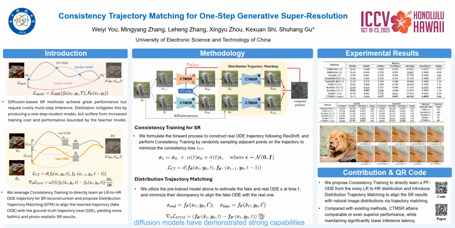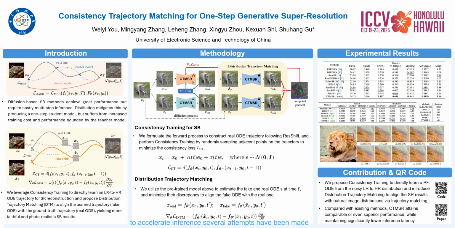Recently, diffusion models have demonstrated strong capabilities in modeling complex distributions such as natural images, showing great potential for generative SR. Early diffusion-based SR works either condition the diffusion model on LR images and train it as a standard diffusion model, or leverage a pre-trained diffusion model as a prior and adjust the reverse process guided by LR images. Although these methods produce good results, they usually require hundreds of inference steps, leading to slow generation.